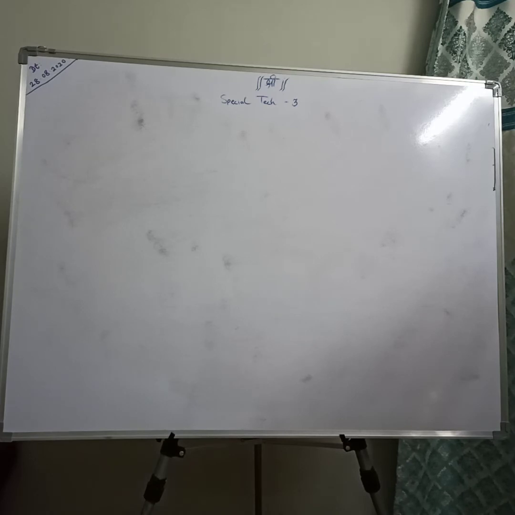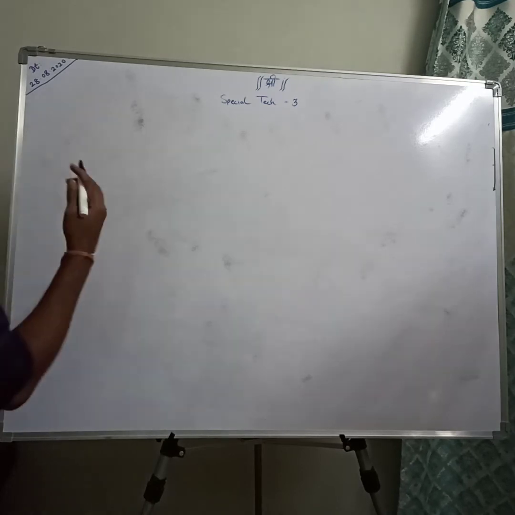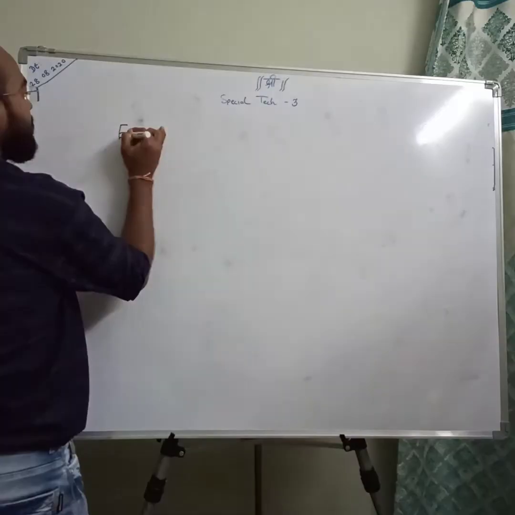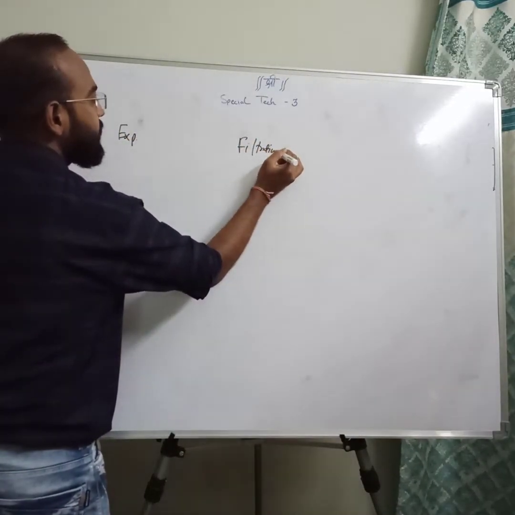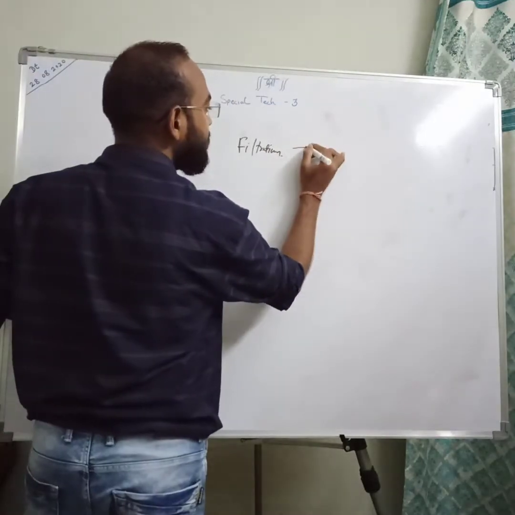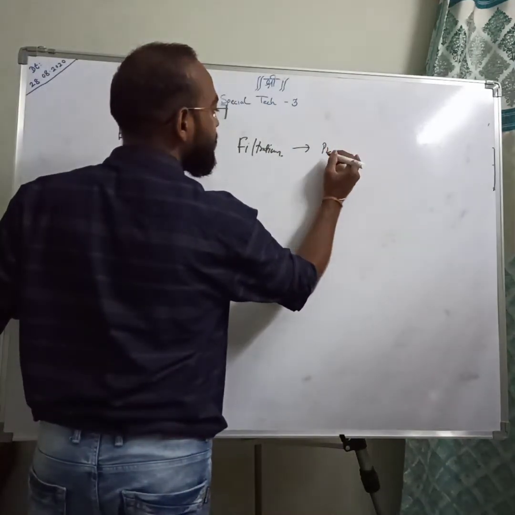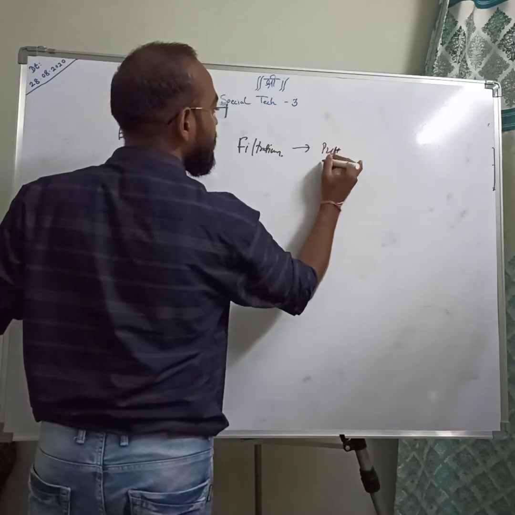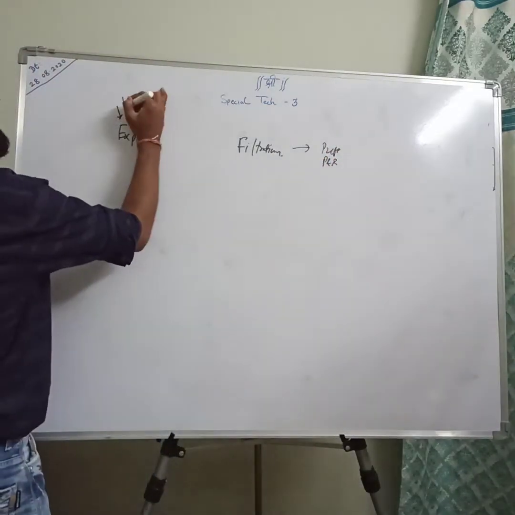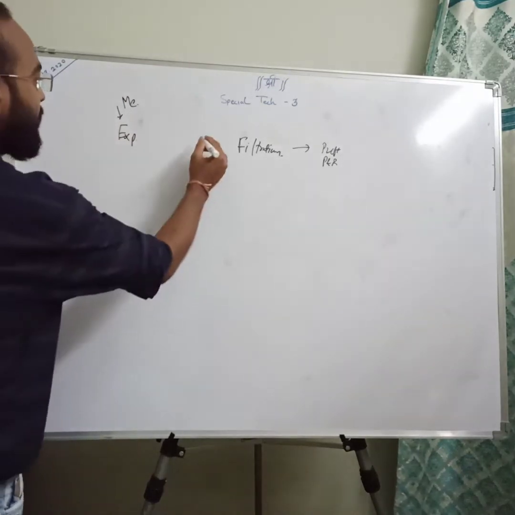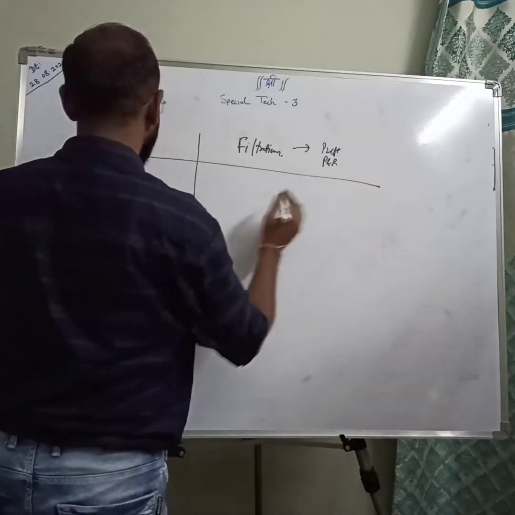Before going to these statements, we just compare expression and filtration. Filtration is carried out with a pressure leaf filter or plate and frame filter, and expression is carried out with n number of mechanical expellers. But what is the difference between these two operations?